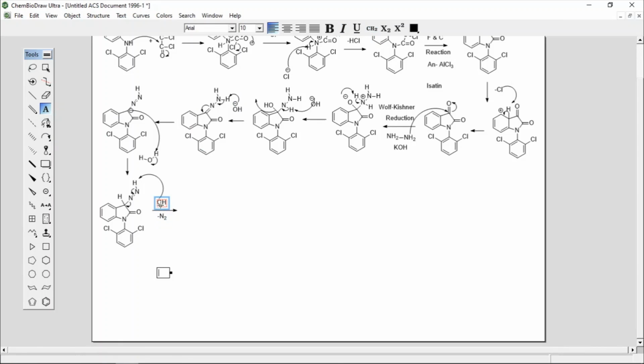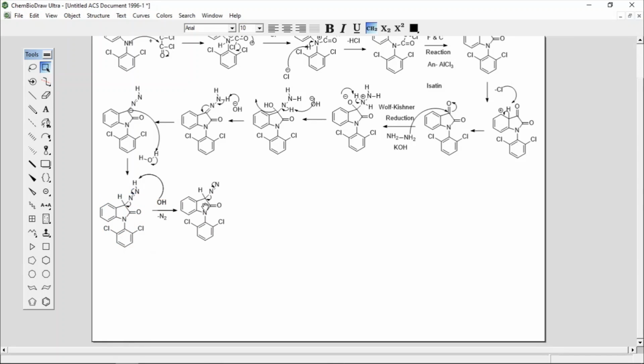This OH minus takes this hydrogen, and there is already a carbon-nitrogen double bond, so when this OH minus takes this hydrogen, the bond pair will shift here and form a nitrogen double bond. After that, this carbon-nitrogen bond will break and the bond pair shifts onto carbon. So there will be generation of a negatively charged species, which is called a carbanion.